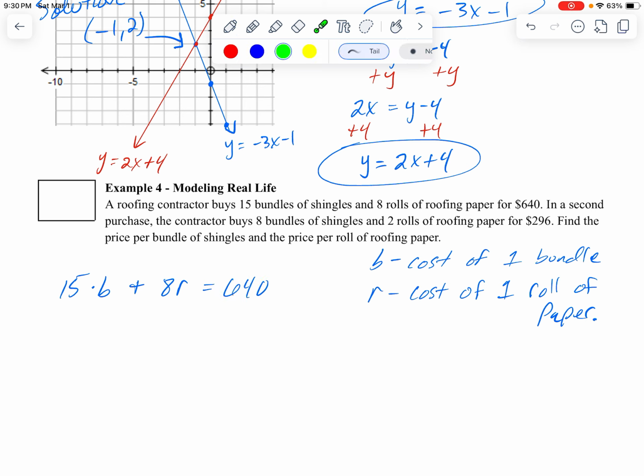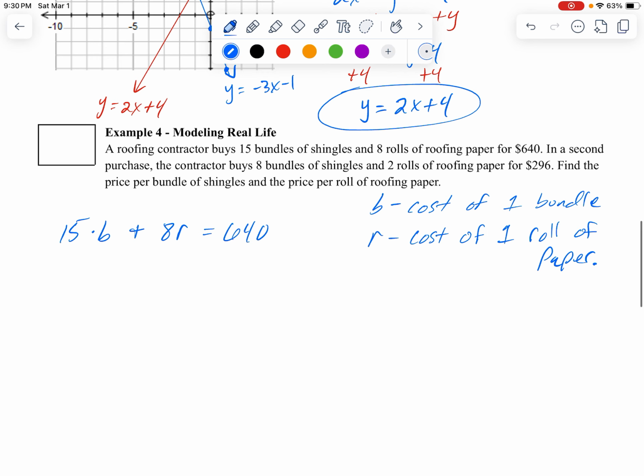So this is one equation that represents our first situation. 15B plus 8R equals 640. And then we could write a second equation, because we've got the same variables, 8 bundles, 2 rolls. So now 8B plus 2R equals 296.